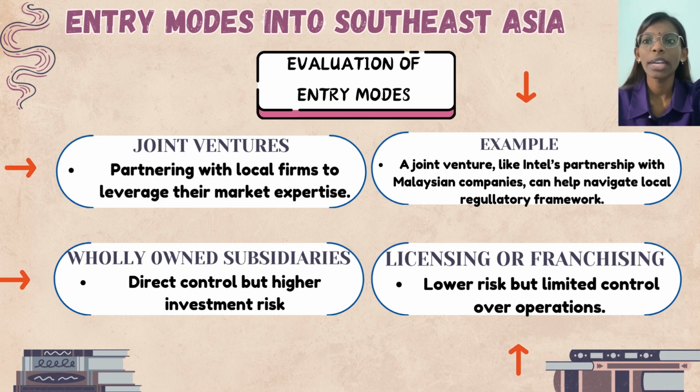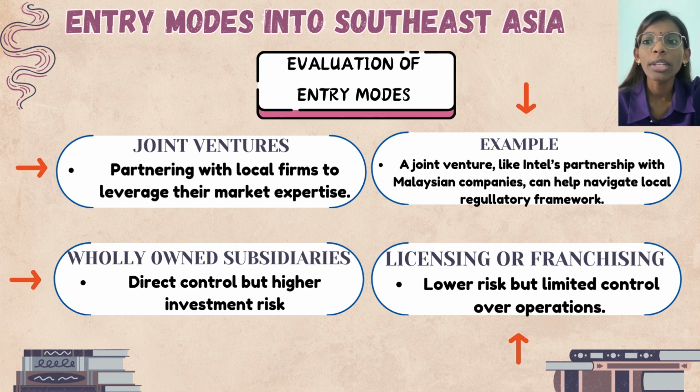Next, we move forward to the entry modes into Southern Asia. The choice of entry mode is crucial for successful expansion. Joint ventures are a popular option as they allow companies to partner with local firms and leverage their expertise. For example, Intel's partnership with a Malaysian company has helped it navigate regulatory requirements and gain local market knowledge.